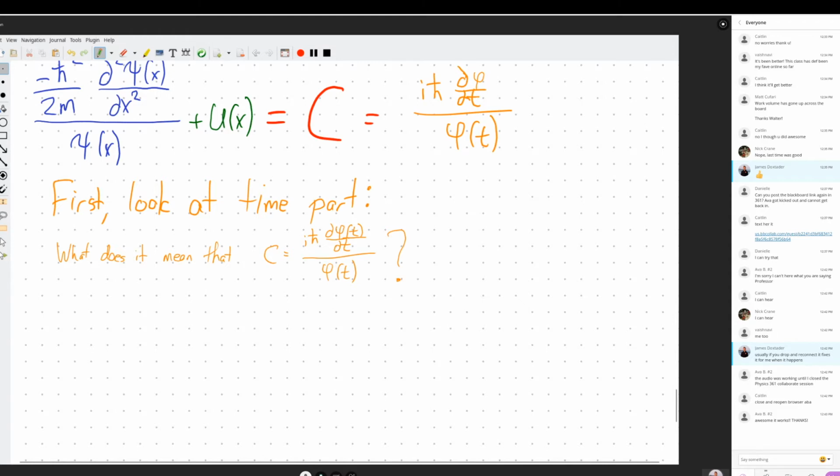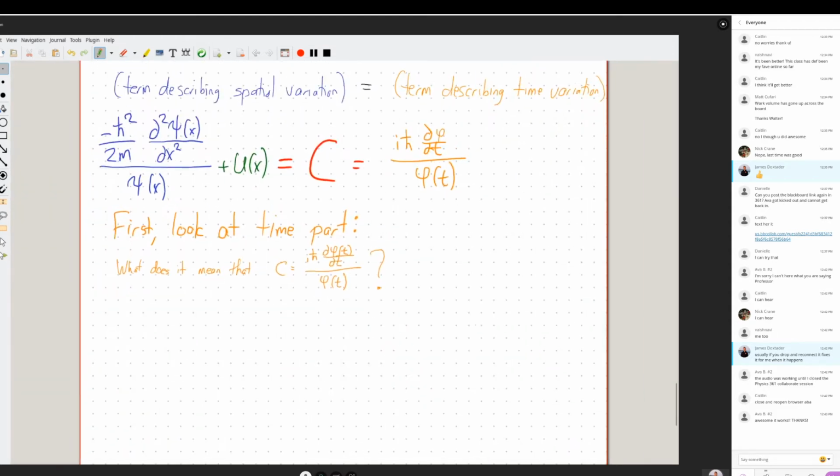So fractions make me nervous, so I'm going to multiply both sides by phi of t. So this gives me c times phi of t equals, actually I'm also going to divide by i h bar.